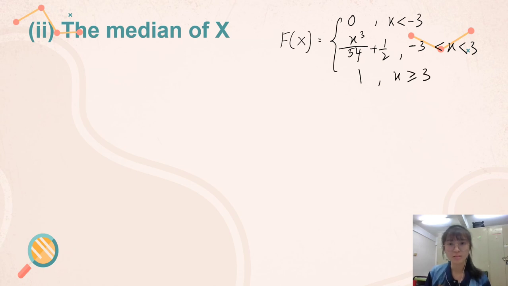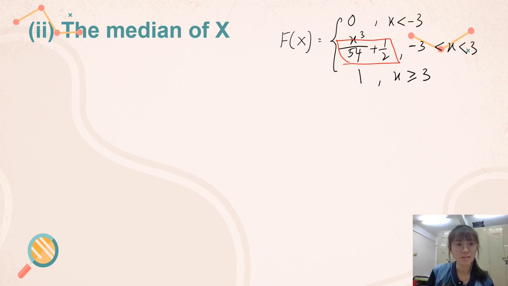Here we can know that the 0 and also the 1 will not be our choice for the equation that we will use to find the median of x. So we have only this equation to find the median of x.